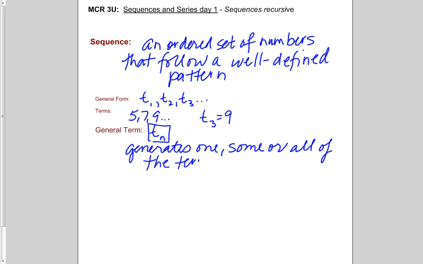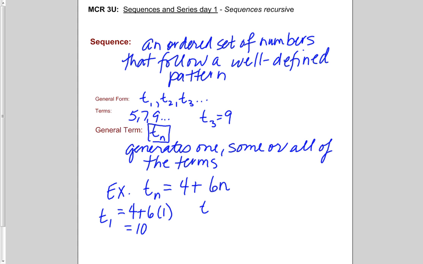For example, if Tn equals 4 plus 6 times n, our first term, there's the notation for that, would be 4 plus 6 times the number 1.